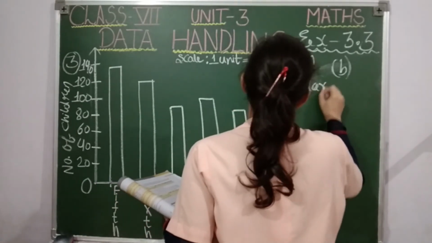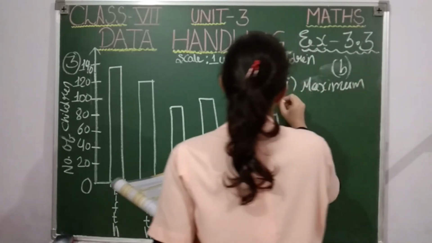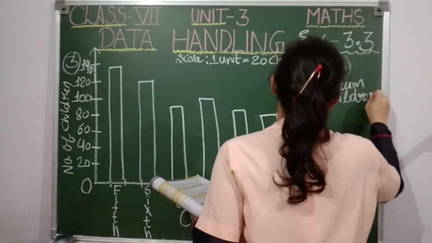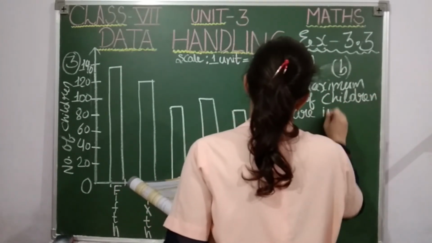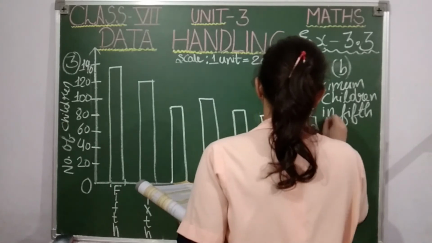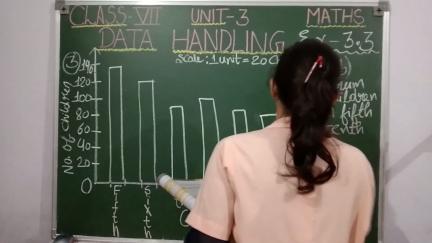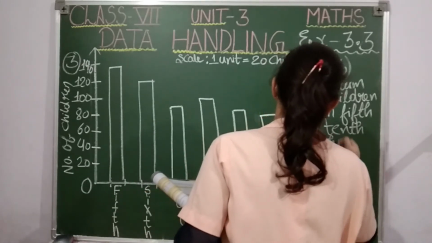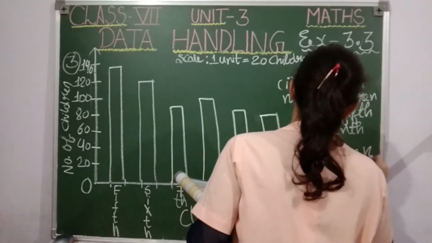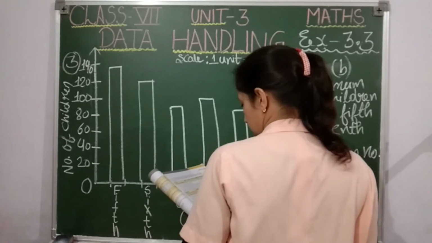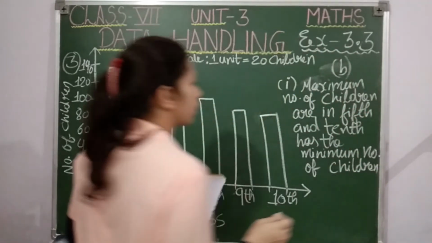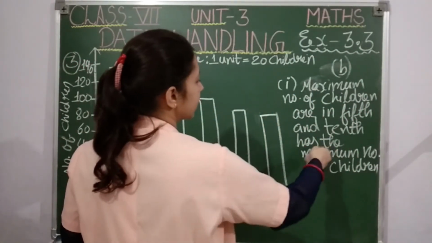So, the maximum number of children are in 5th class and 10th has the minimum number of children. Clear, students? So this is point B, first answer. Maximum number of children are in 5th and 10th has the minimum number of children.